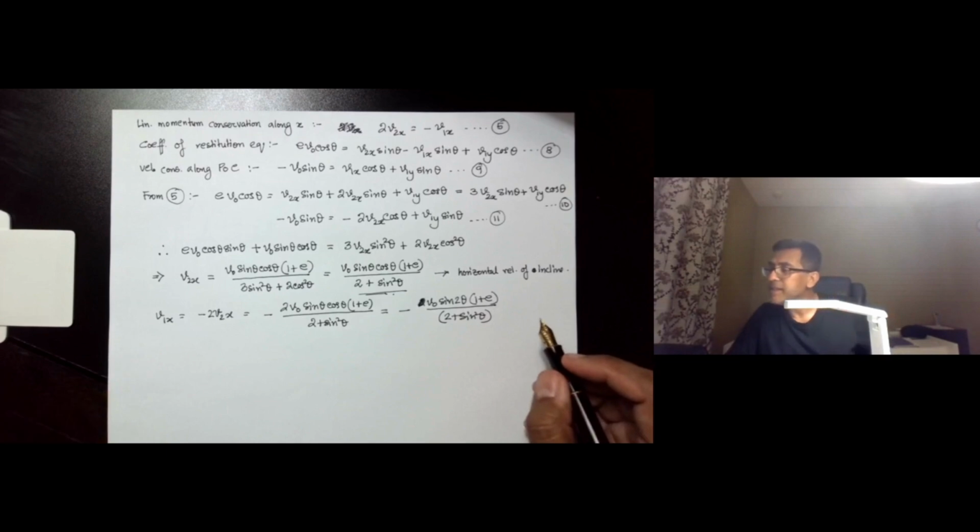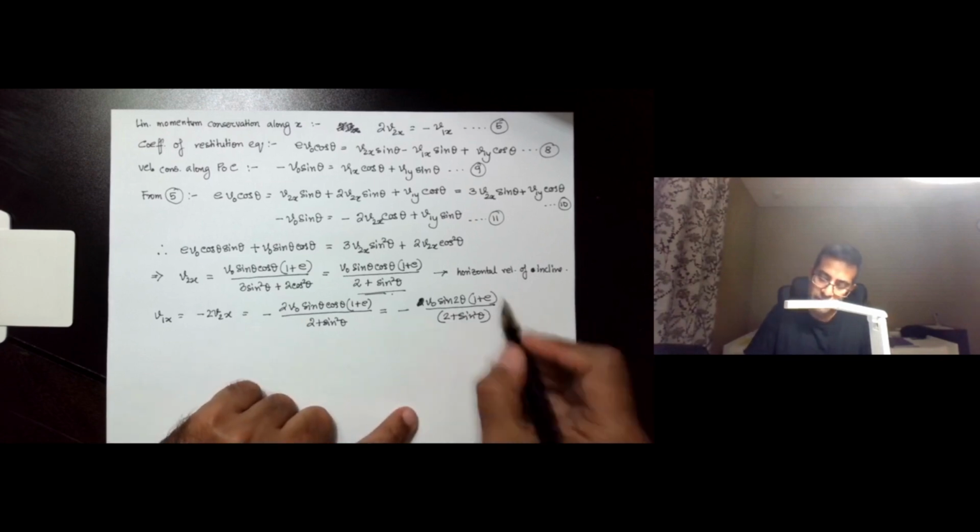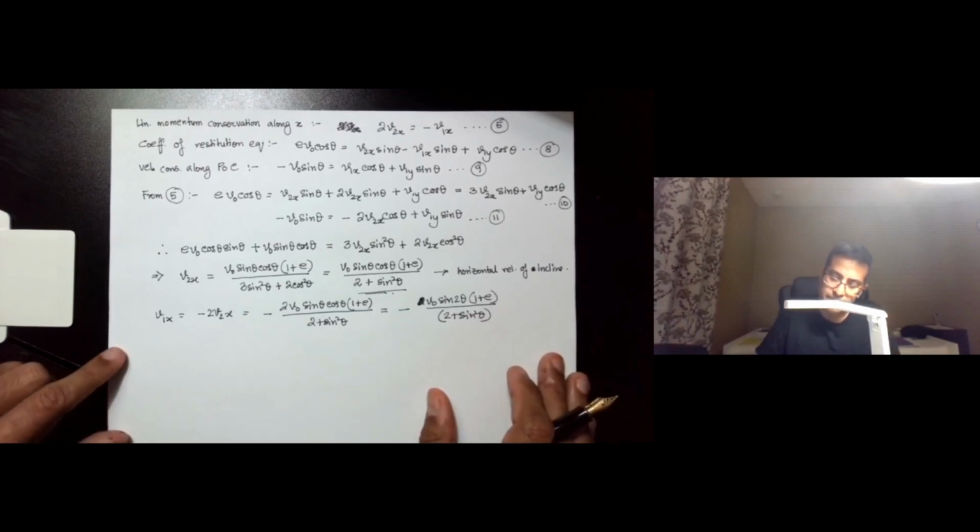So now this is the horizontal component of the particle's velocity after the impact.